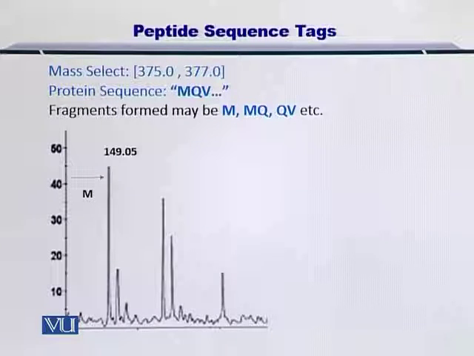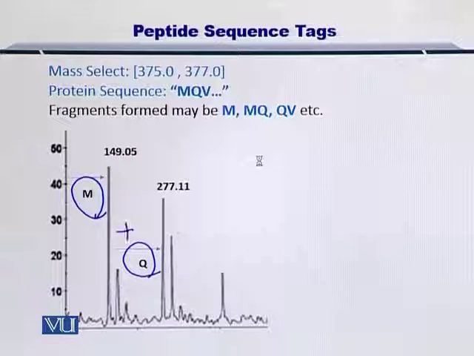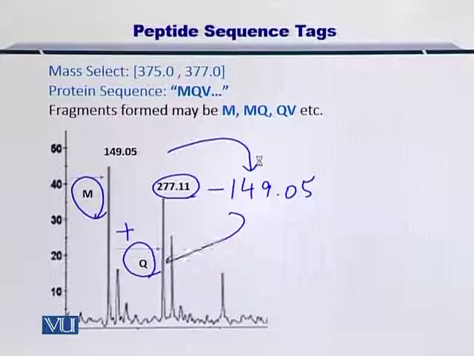It's an M, the amino acid. Next, if you have another peak at 277, then you can say that it results from the sum of Q and M. So how do you know it was Q? The simple way is you subtract this, and this is equal to the molecular weight of Q.